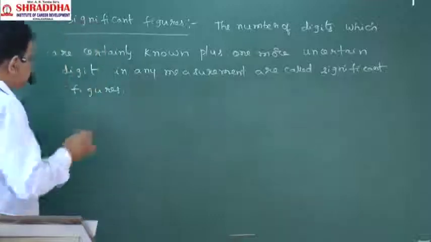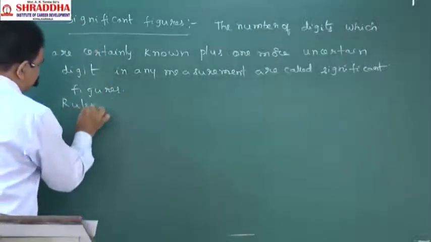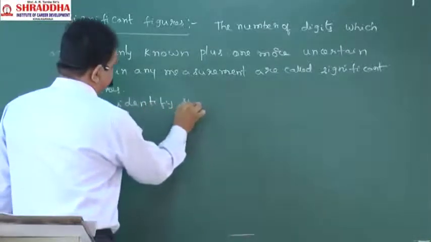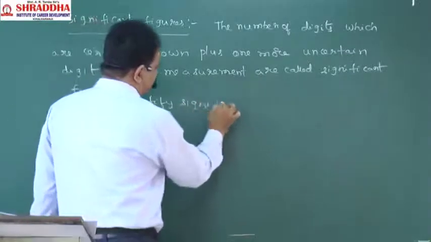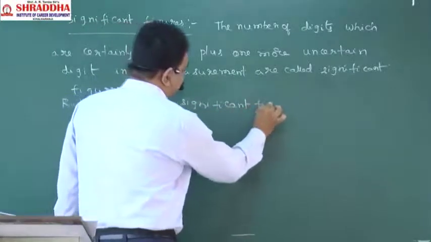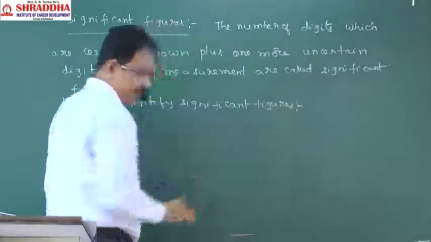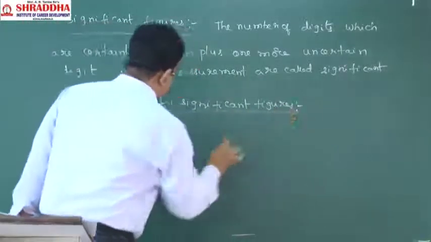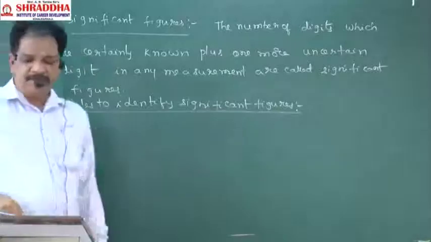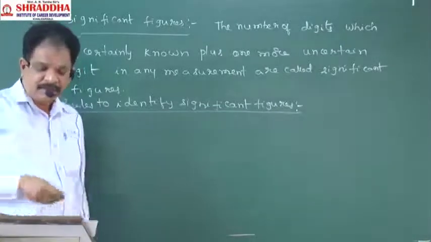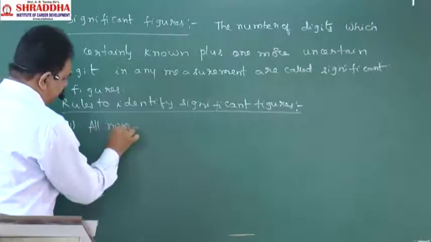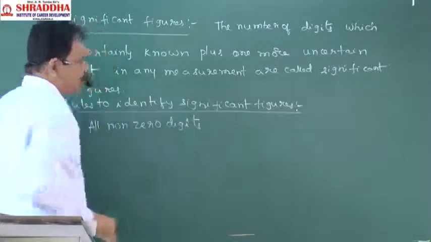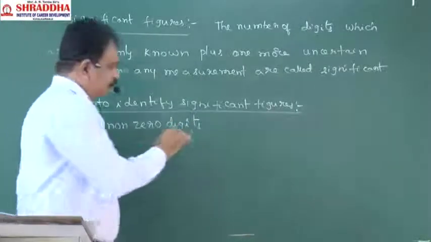What are the rules to identify significant figures? Totally 5 rules will be there. Let us see. What is the first rule?